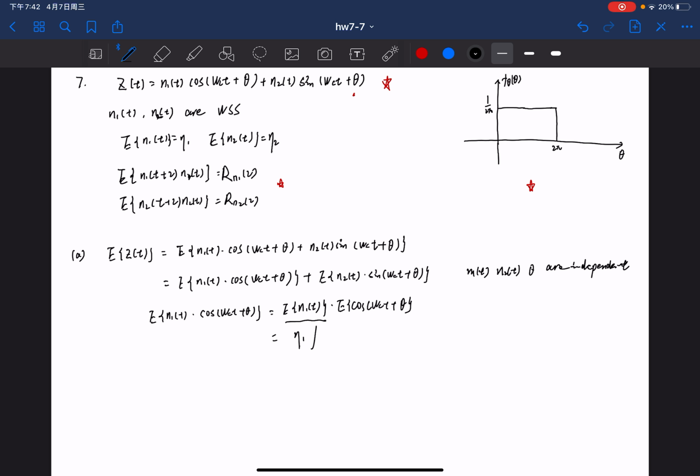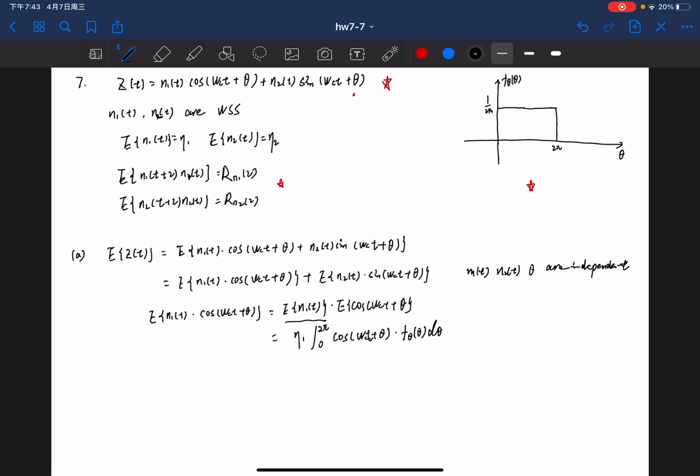The other part is the integral from 0 to 2 pi of cosine(omega_c t plus theta) multiplied by the probability density function of theta, d theta.